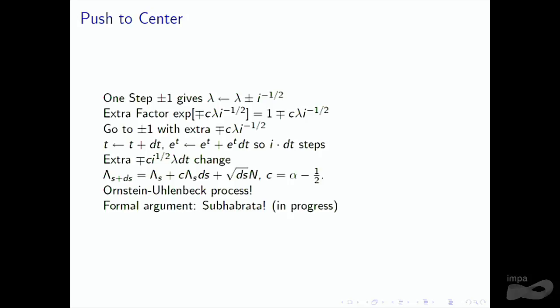This should be minus c because you're going back toward the, sorry, so this should be a minus sign. So you've got this push that's pushing you back toward 0. But you also have the Brownian motion, the normal movements. And this is precisely the Ornstein-Uhlenbeck process. And Subhabrata is hard at work at writing this up in a formally correct argument.